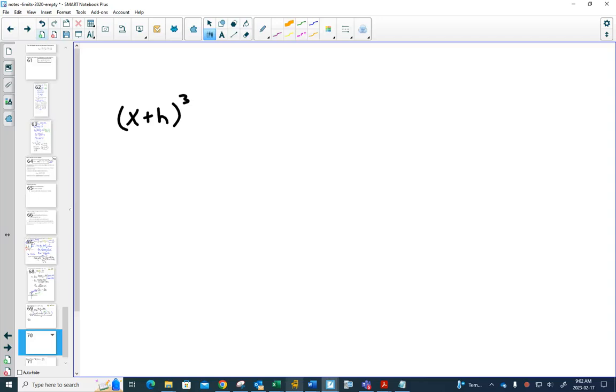I'm going to do the work for this x plus h cubed off to the side. So x plus h cubed means x plus h times x plus h times x plus h. And your job is to write out what that's equal to expanded.